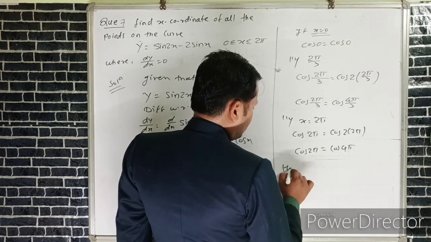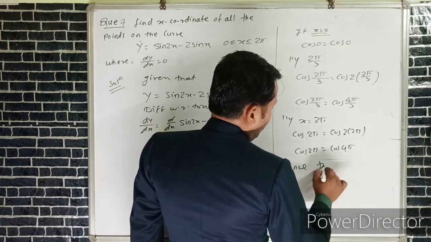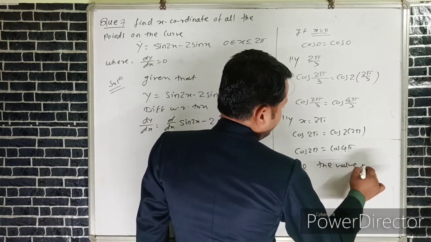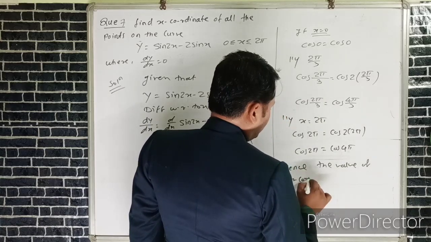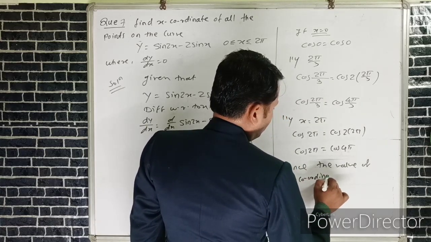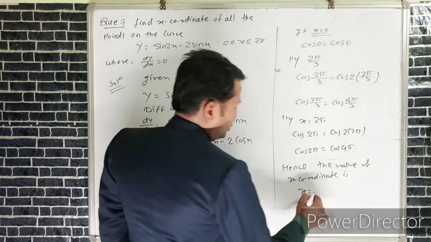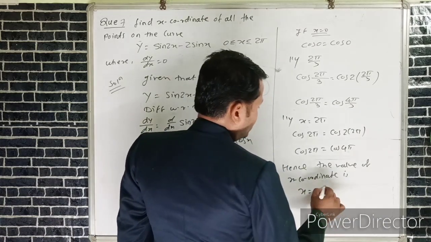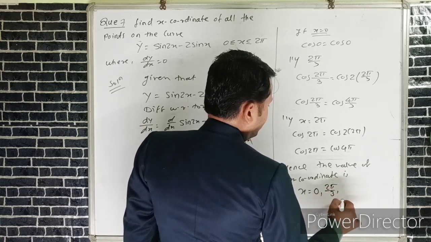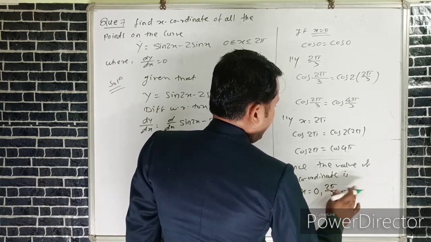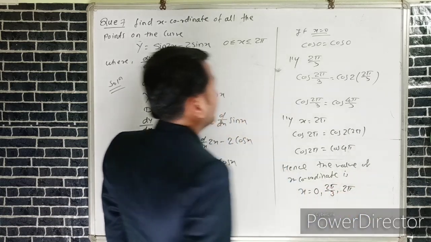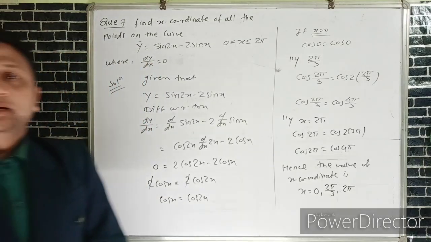Hence the values of the x coordinate are x equal to 0, 2 pi by 3, and 2 pi, which are the required values of the x coordinate.